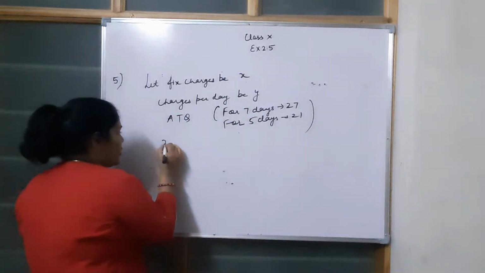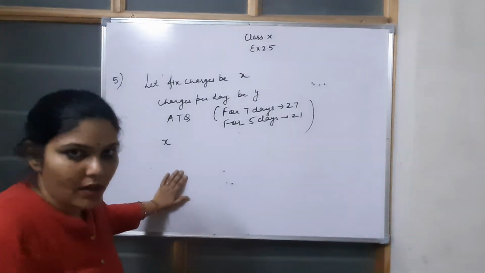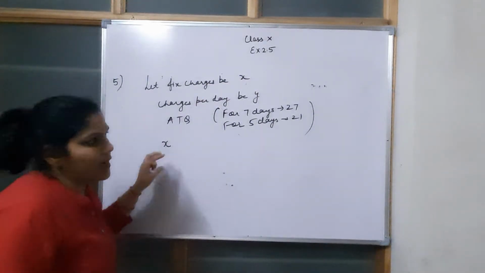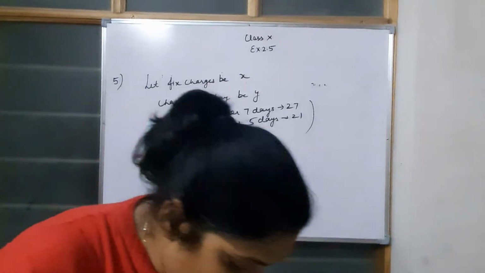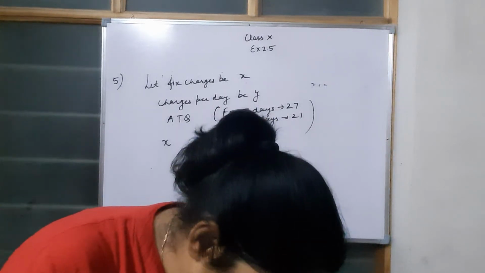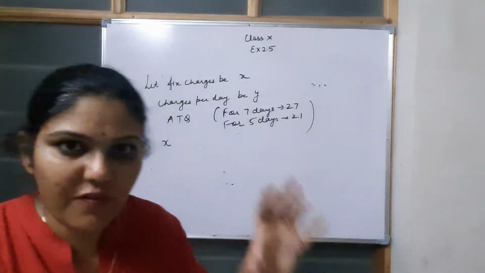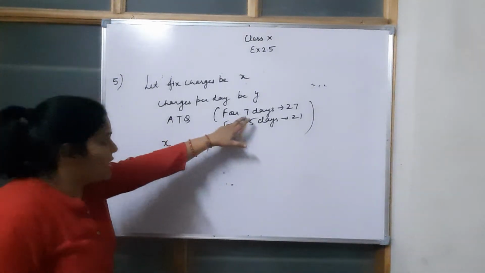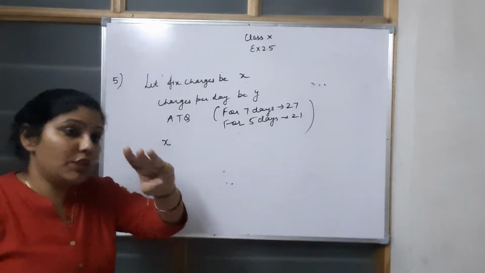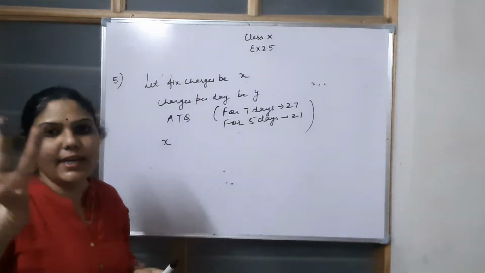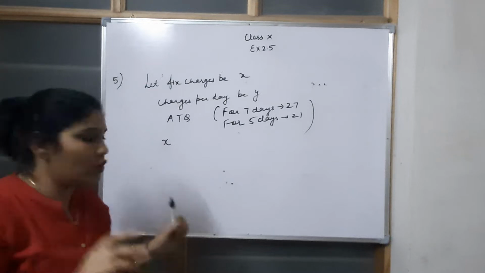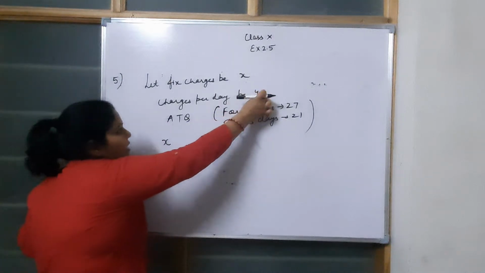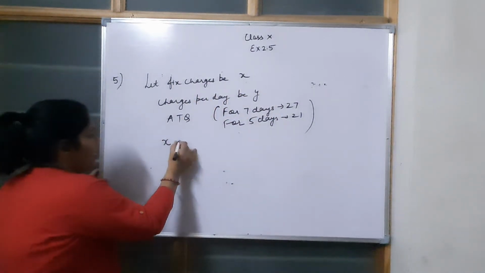Out of 7 days, for the first 3 days you have already paid x rupees, because it's been given in the question that for the first 3 days fixed charges will be there. This x rupees is for the first 3 days. Now how many days are left? 4 days. For 1 day it is rupees y, for 4 days it will be 4y.